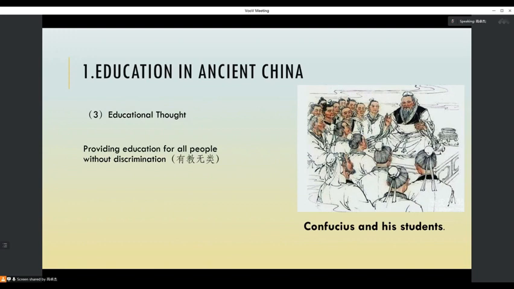This is the 72 famous students in Chinese. And 有教无类. But as you know, in Confucius's school, you cannot find one girl learning, from the traditional camp in China.